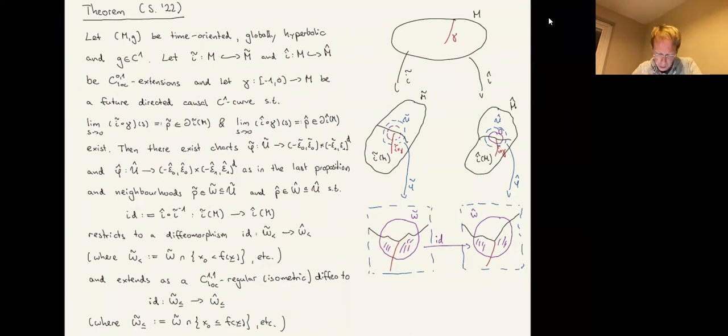So this is the statement of the theorem, and let me make a few comments. The first comment is that I told you the boundary is Lipschitz regular, but here I have the statement that the identification map extends as a C1,1 log regular diffeomorphism.